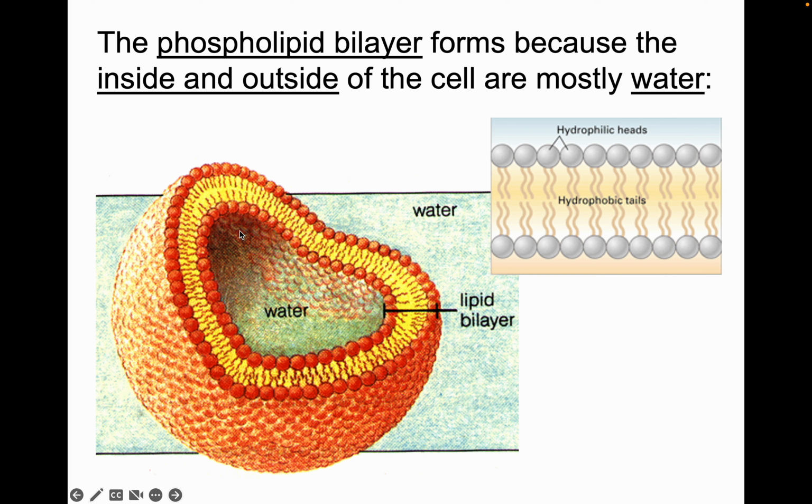So, you can see here, the inside is water and the outside is water. So, it is a bilayer, two layers. Here on the inside, we have the heads turning inwards, while outside, the heads are turning outwards. And in the center are those hydrophobic tails.